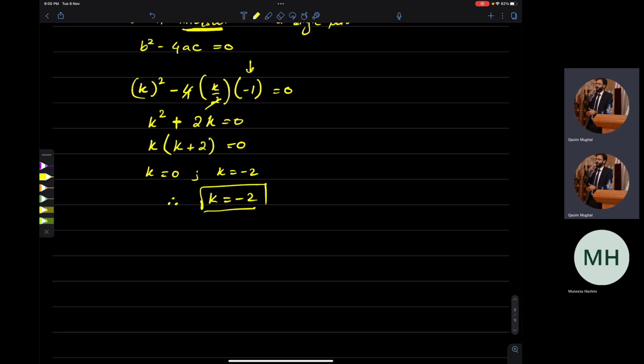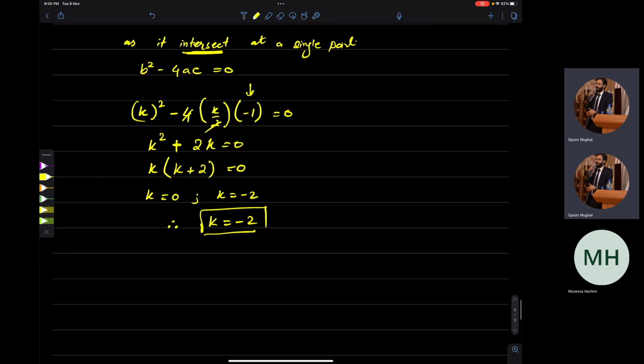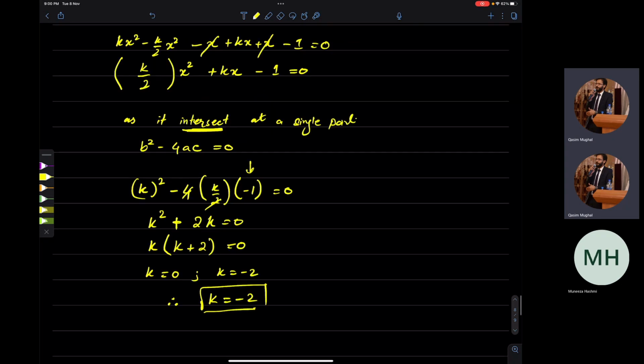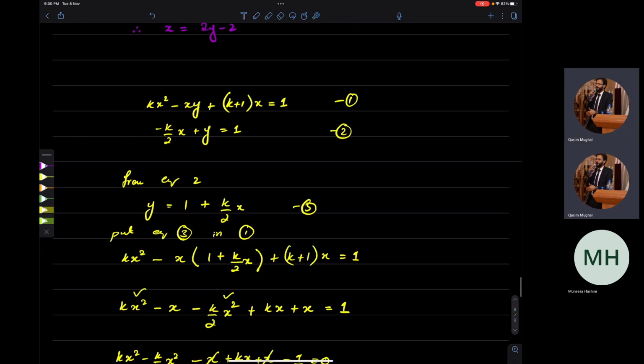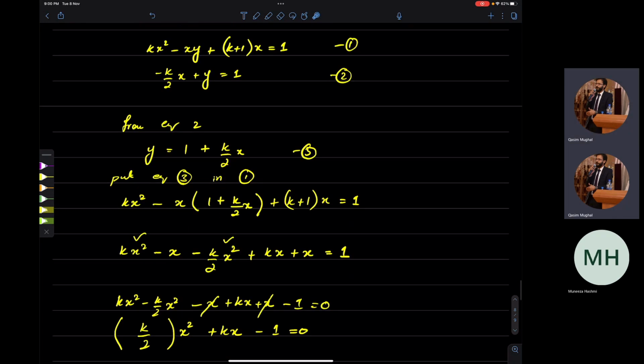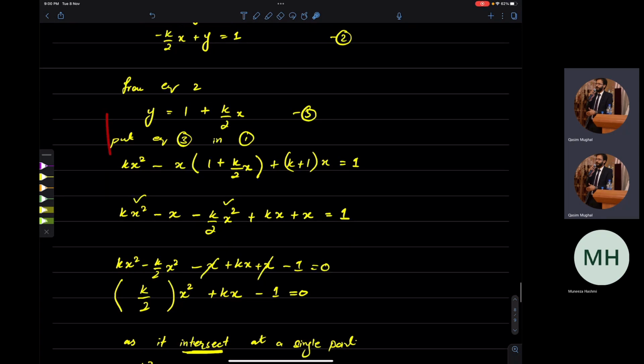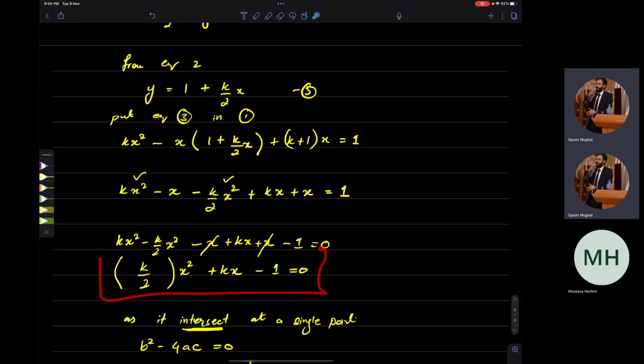All right, great. Now, in the next part, give the coordinates of the points of intersection of the line and the curve. In short, he's asking you to solve the simultaneous equations, okay? Again, we actually started the process of solving when we substituted, and this is where we ended up. So all I have to do is plug in the value of k.